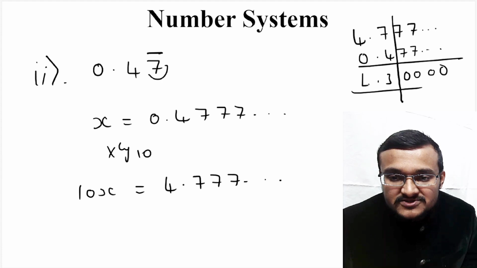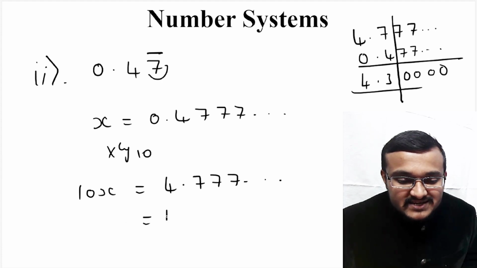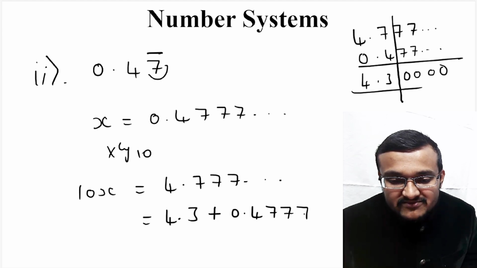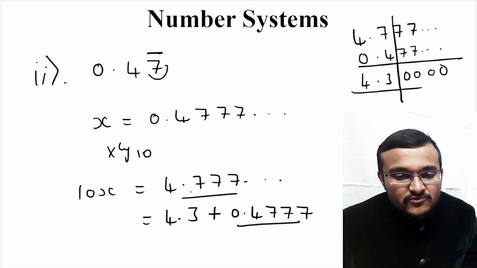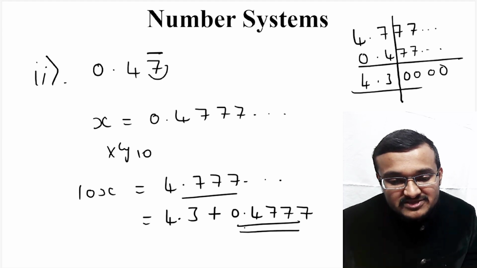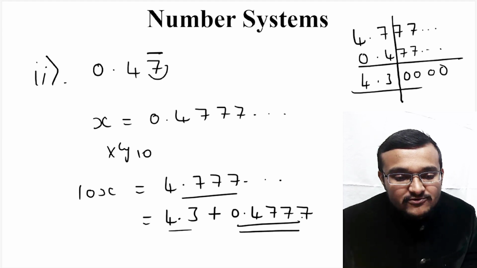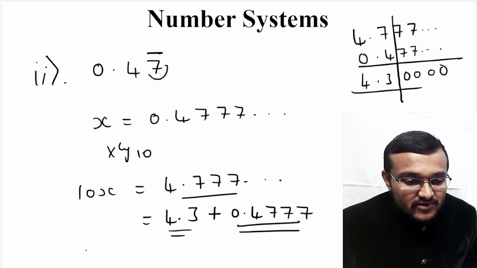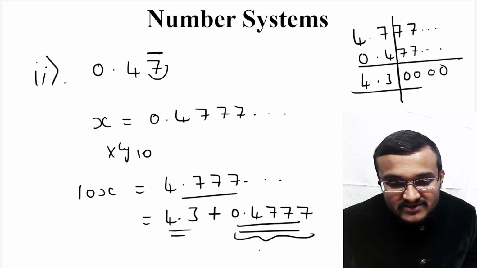Here 4 minus 0 is 4. So straight away you can take 4.3 plus 0.477777, because I have subtracted 0.47777 from this 4.777. So I have to add 0.4777 to 4.3.